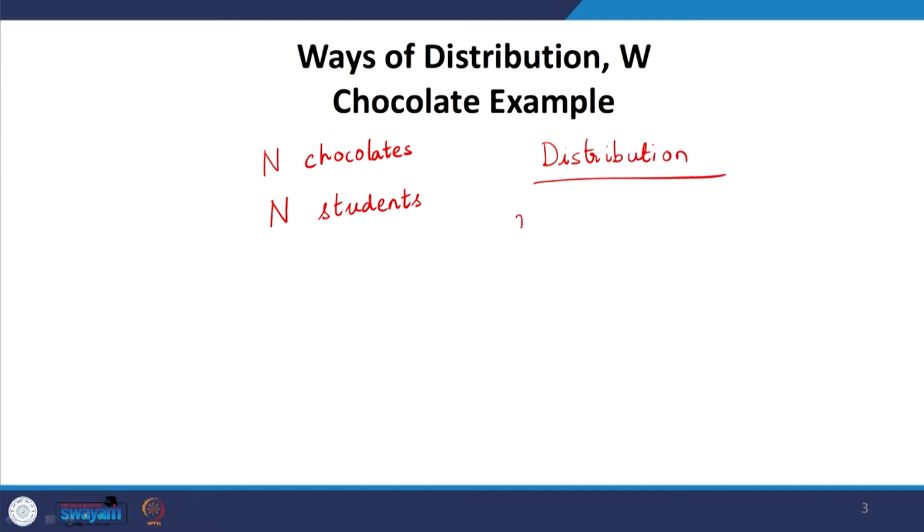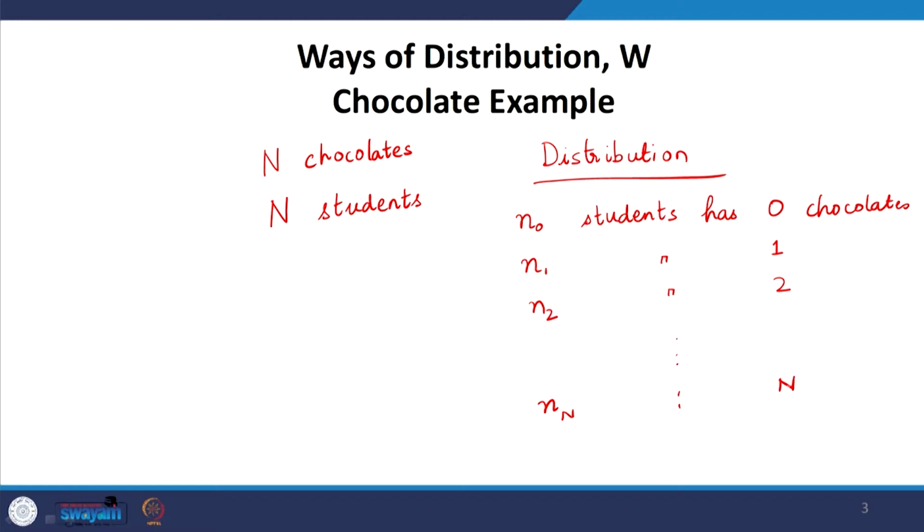I can say that n0 students have no chocolates, n1 have 1, n2 have 2, and so on until n_n students have n chocolates, right.